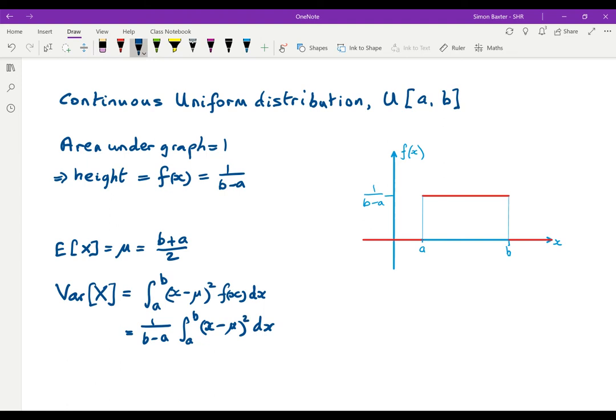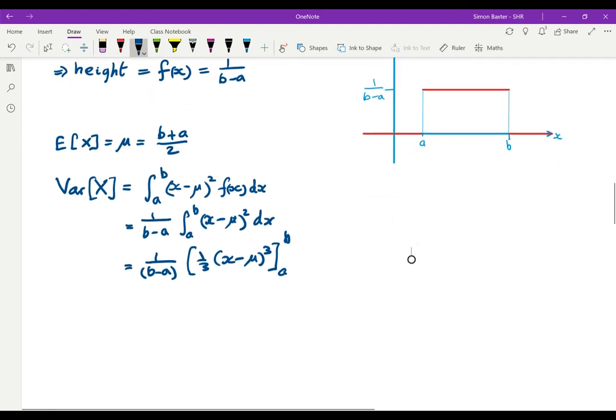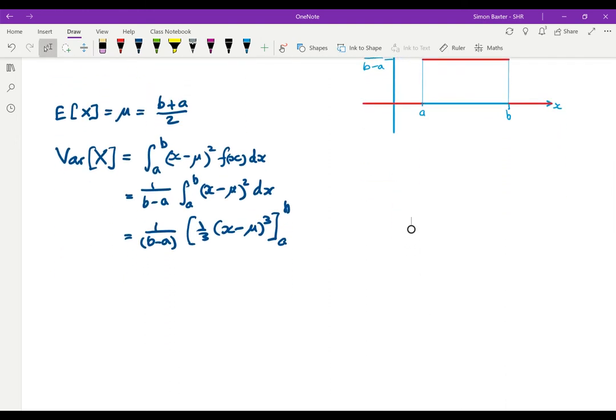If I integrate x minus mu squared, then I'm going to get 1 over 3 x minus mu cubed. Just differentiate there to make sure I'm right. Yes. From A to B. Now this is where the advantage of using this formula comes in.